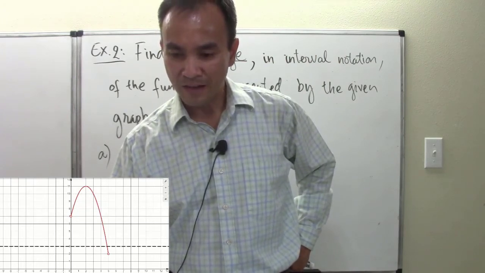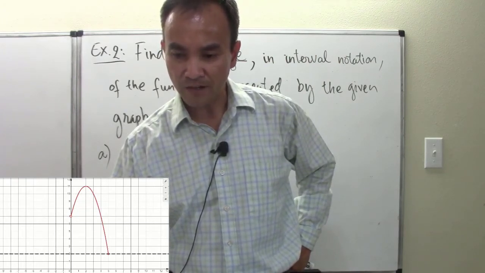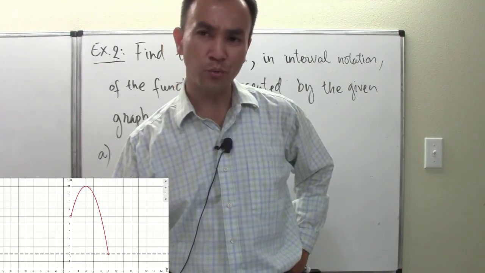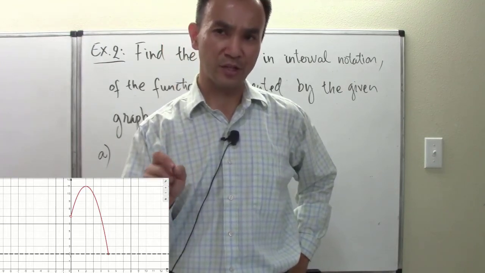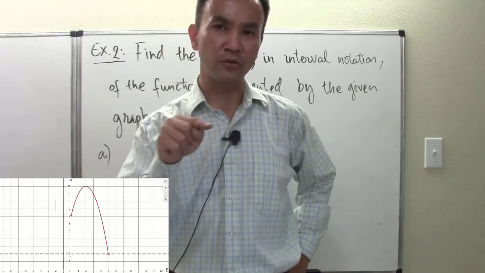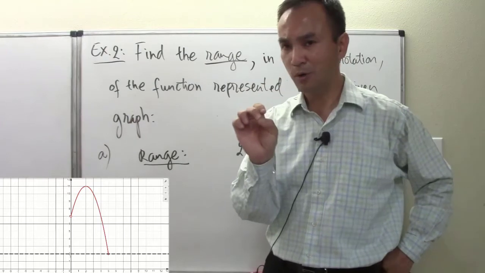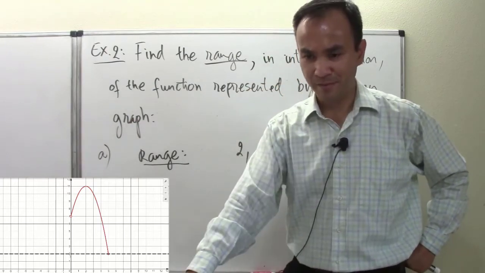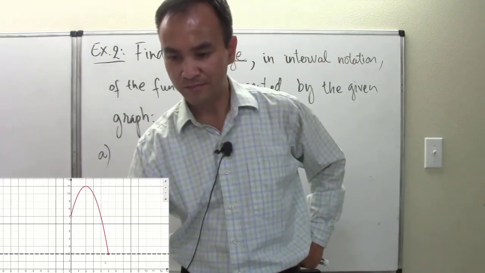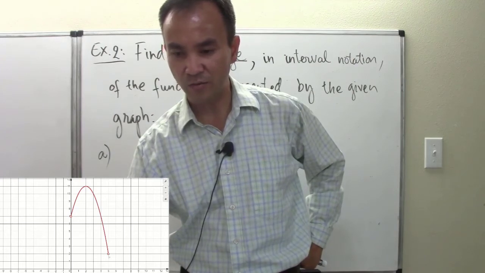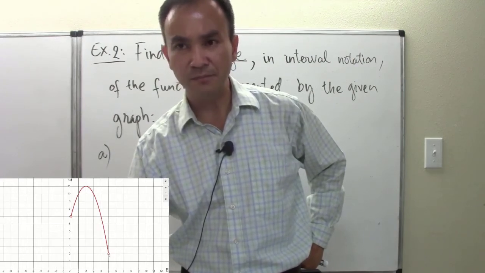Now let's look at the very bottom right here. When y equals 2, is y equal to 2 part of the range? Is y equal to 2 in this set of possible output values? Let me temporarily hide that line away, but there's an empty point right here.